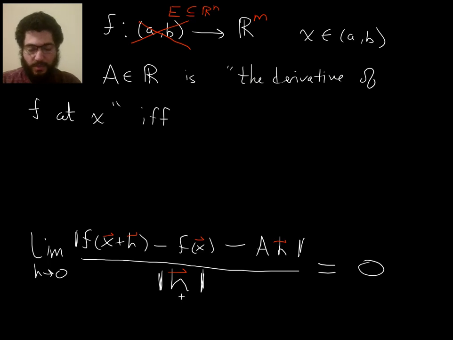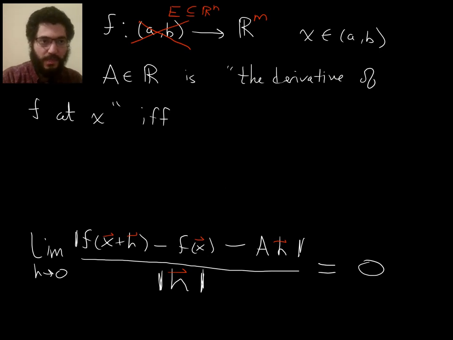So that we could have done in the one-dimensional case and not changed anything about the definition, right? The limit of a function at a point is 0 if and only if the limit of the absolute value, or the norm, of that function is 0. Okay, so now at least we've written something that makes sense.